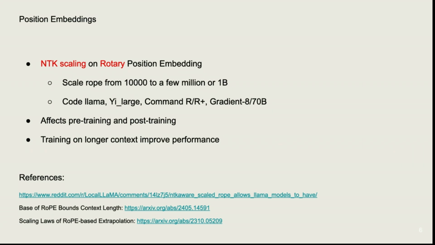We have some solutions with respect to the extrapolation of position embeddings. We have something usually referred to as NTK scaling on this particular type of position embeddings, rotary position embeddings, where we can scale one hyperparameter of RoPE from the default setting of 10K to a few million or even 1 billion, depending on the model.